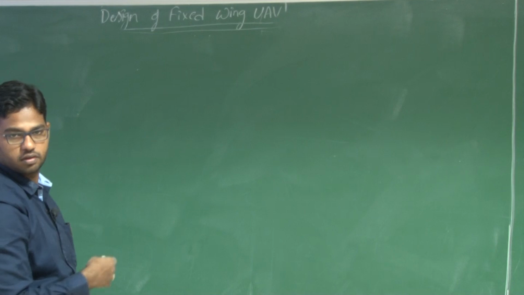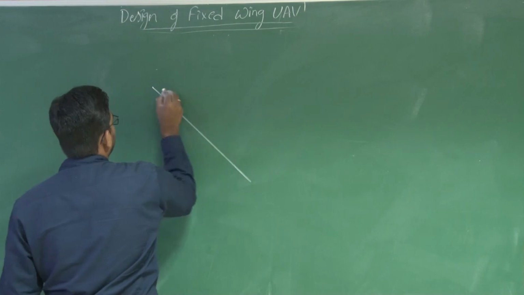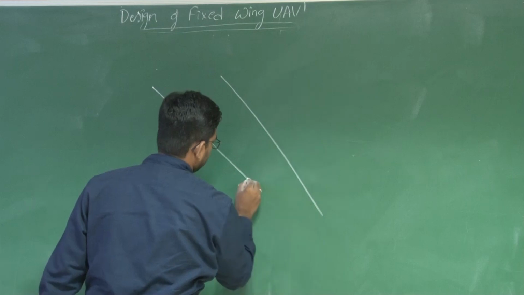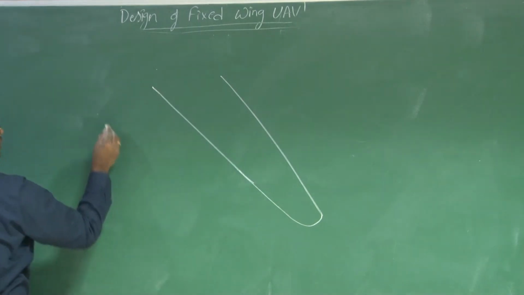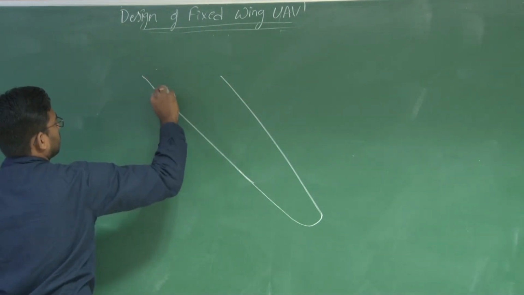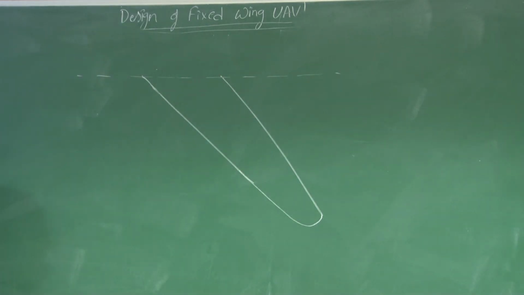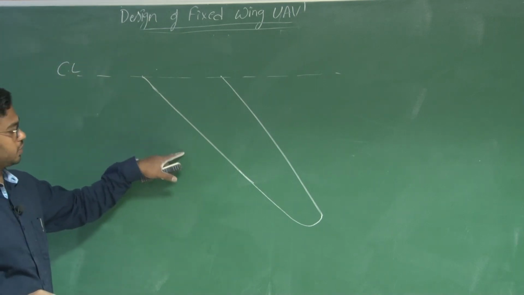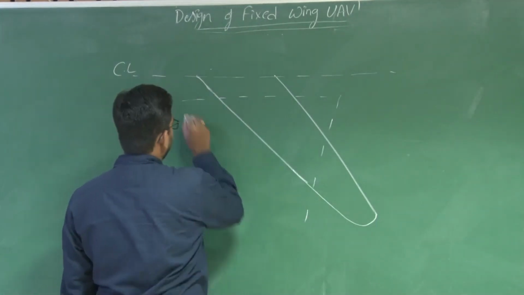So we just now saw wing is one of the major components of this aircraft. Let us cut this wing. Let us say this is your center line or fuselage reference line, and let us say this is your wing. What happens if I cut this wing?